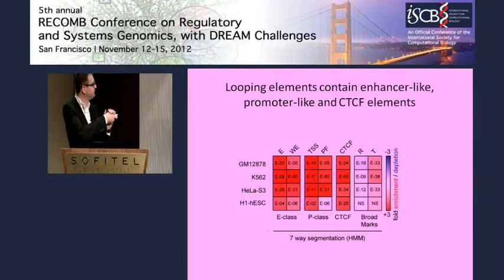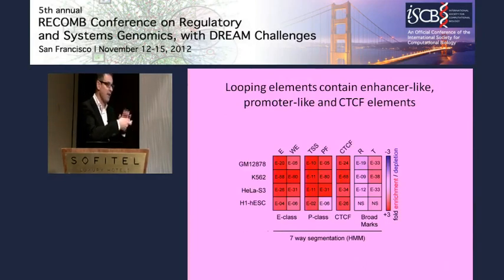And it turns out that we find promoters interacting with 2 different types of enhancers, but also with other things that look like promoters, even though we selected the distal sites to interrogate as being non-promoters, but some of them have chromatin features that look like promoters. Very strong enrichment for CTCF. I'll come back to that in a second.